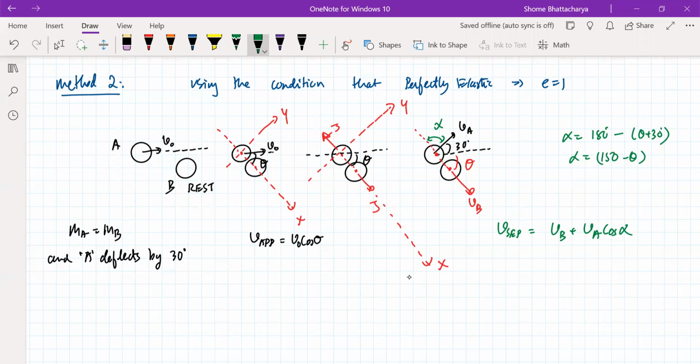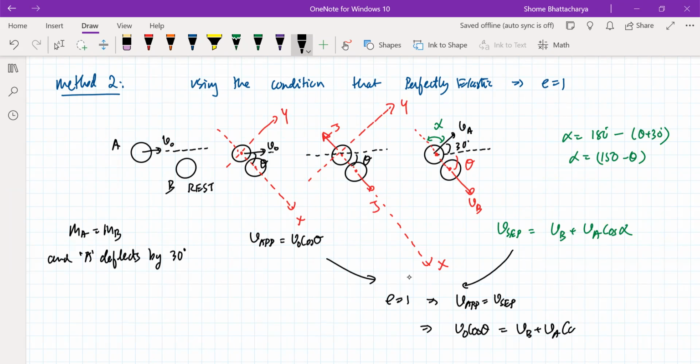Okay. So now I have two unknown quantities, VB and VA. First thing, E is equal to 1 means that approach velocity is equal to separation velocity. So this will tell us that V naught cos theta is equal to VB plus VA into cos of 150 minus theta, because alpha is that much.